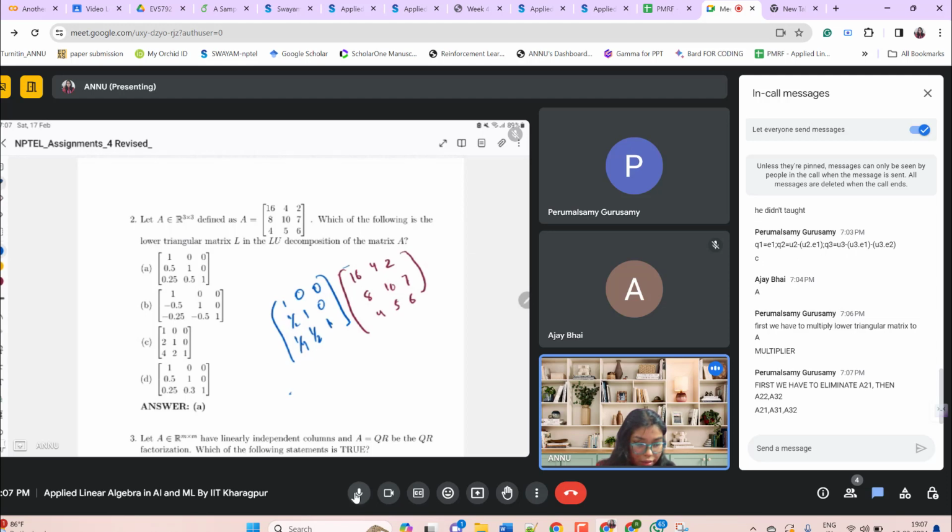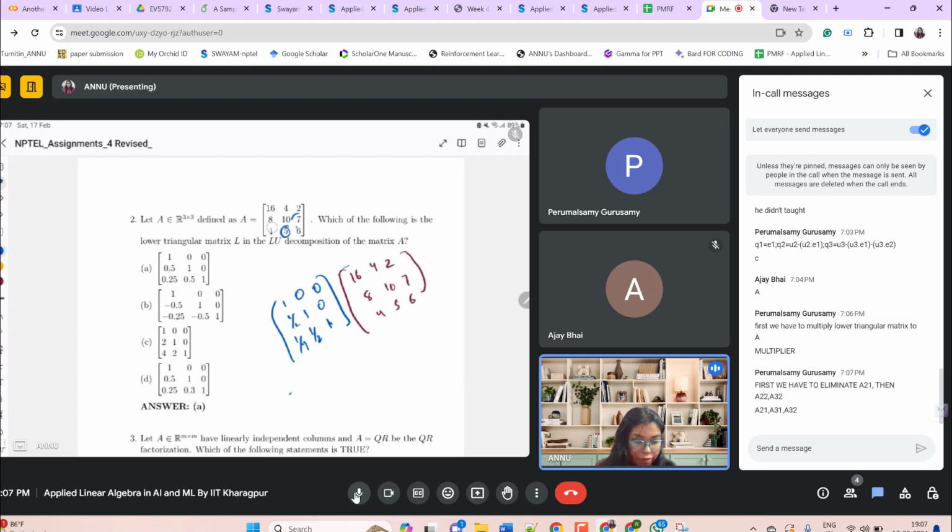We have to first remove this one, then this one, a21, a22, then a32.